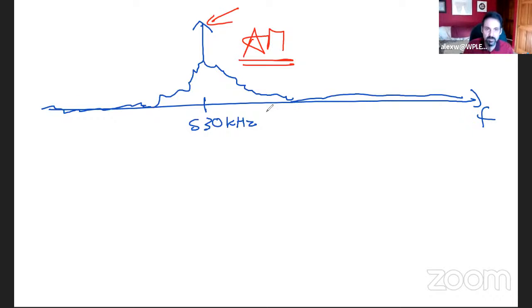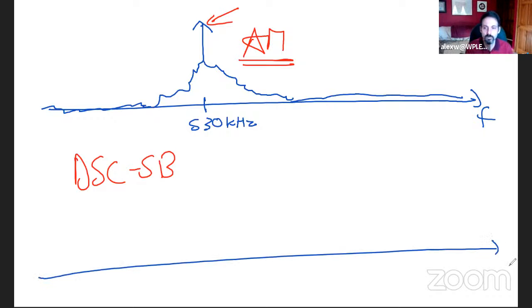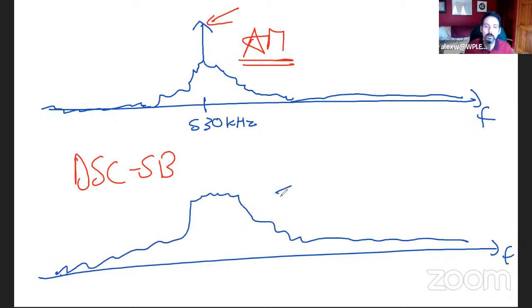We got this expression for DSC. So essentially, for a DSC-SB signal, what do you got? So frequency, no delta. So this is good and bad.